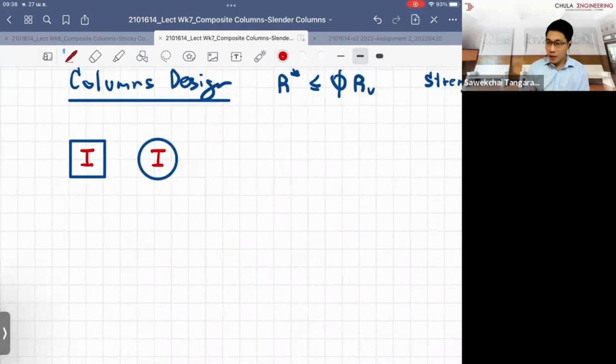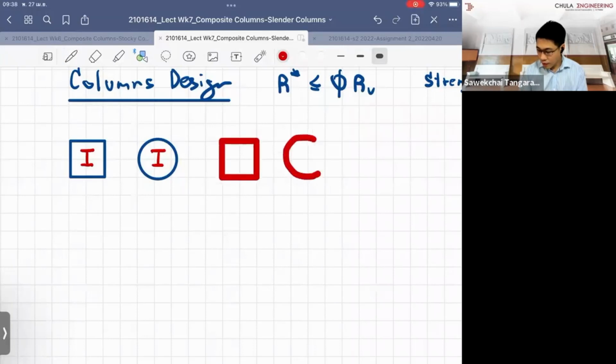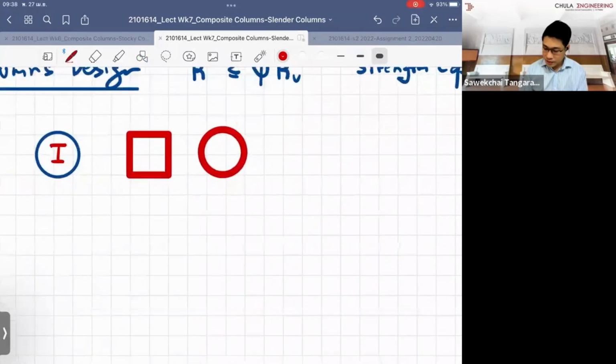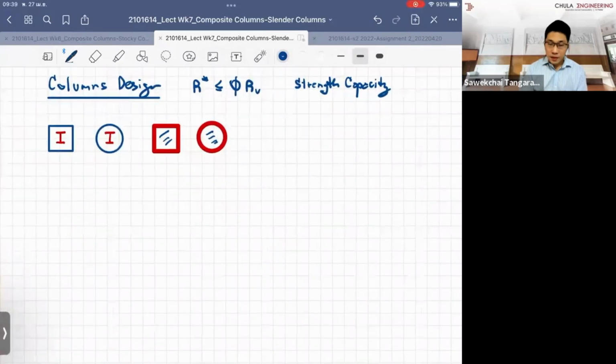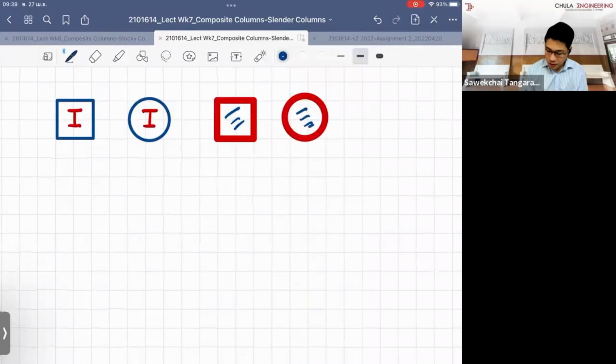What has been most popularly used is the infill. This is the infill, assuming that the red one is the steel member and you have the concrete fill inside the column. So one is the encased, the other one is the infill.